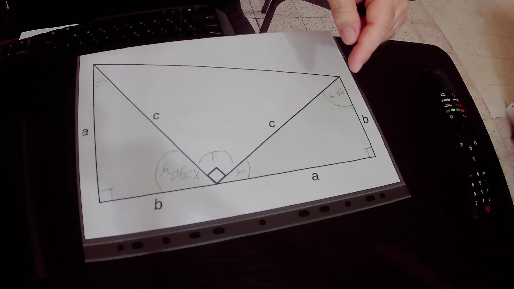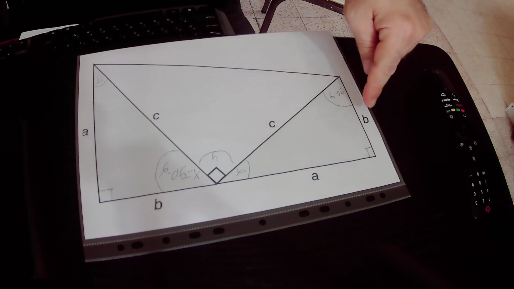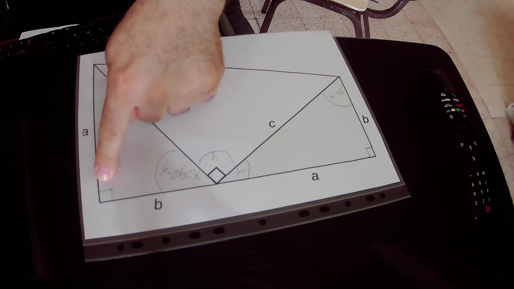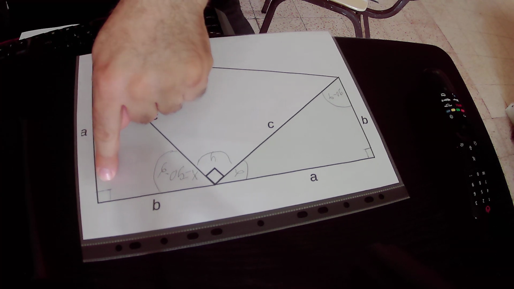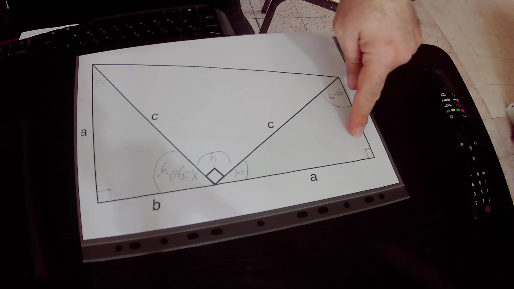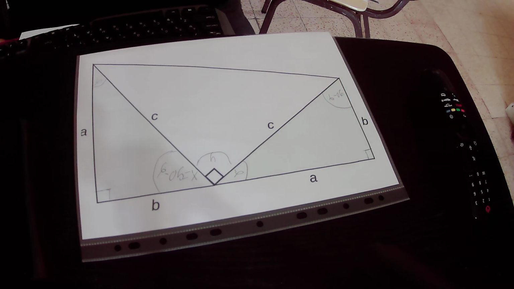The angle between side A and side B is 90 degrees. Here we built it like this, and here it was 90 degrees because it is a right triangle.